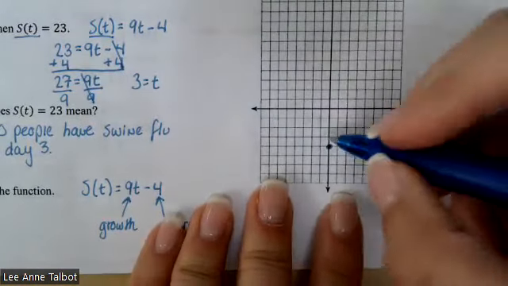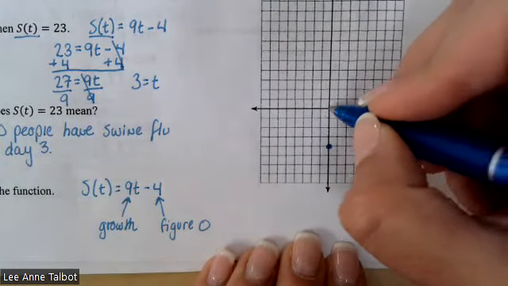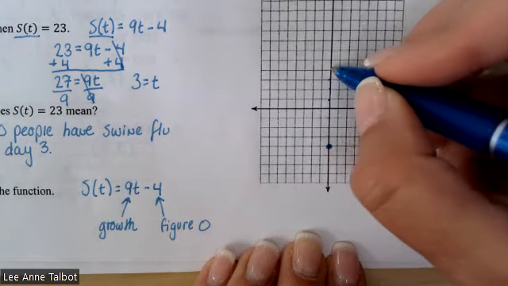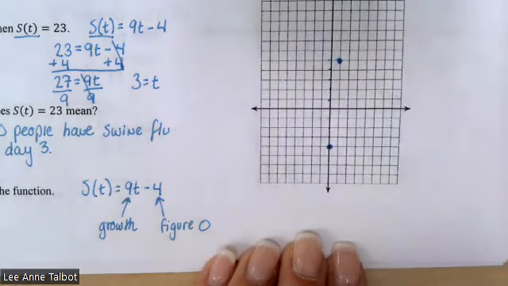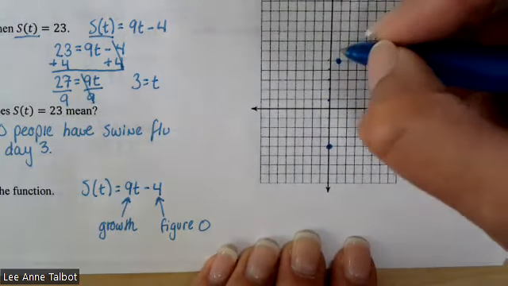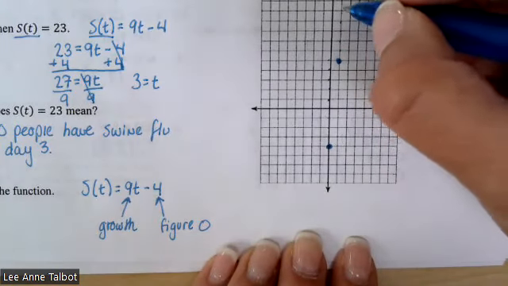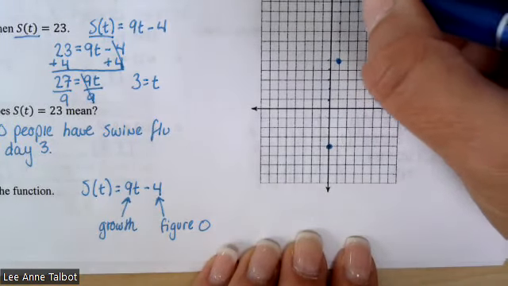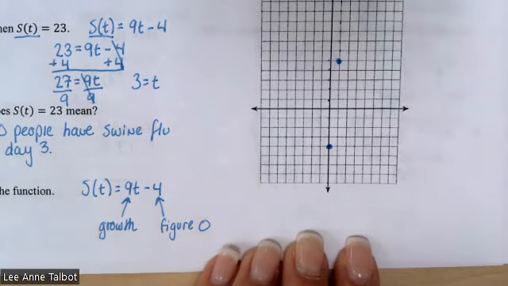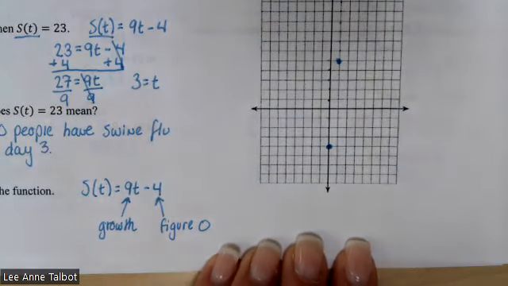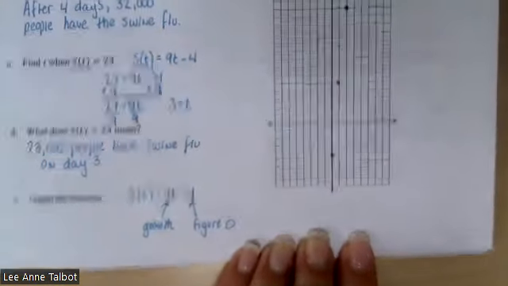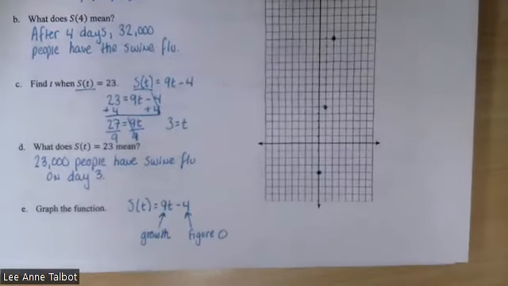So 1, 2, 3, 4, 5, 6, 7, 8, 9. Figure 1. 1, 2, 3, 4, 5, 6, 7, 8, 9. Figure 2. I think that's all we can fit on there, right?